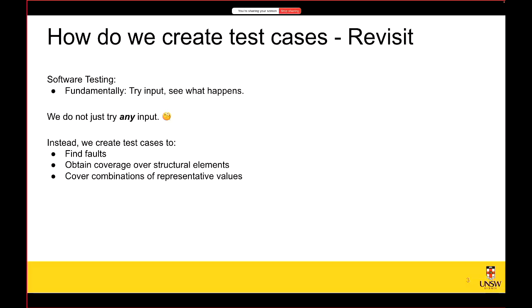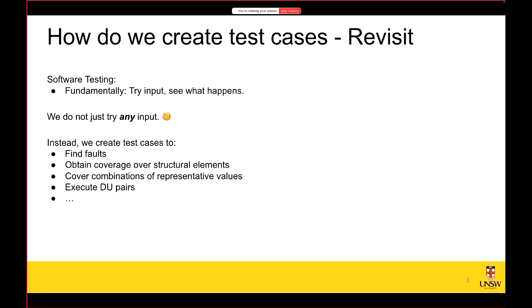We can also design test cases to cover some combinations of representative values, like doing boundary value testing or equivalence class testing. And maybe we can also create test cases to execute some def-use pairs if we care about the control flow, etc. So we have some purpose when we create these test cases.